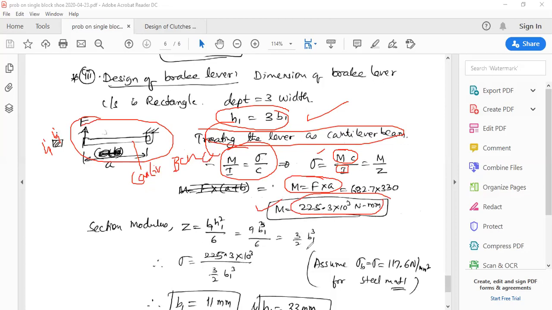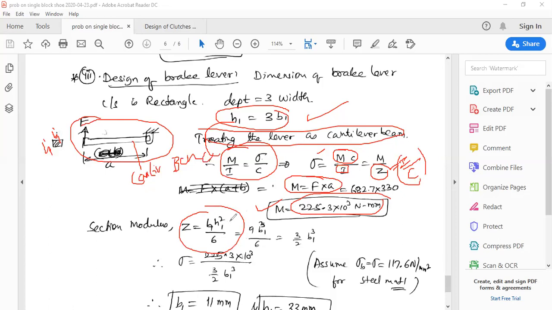This is M. Once you get the value of M, the next step is to calculate Z. Z is equal to I divided by C, which is called the section modulus. This section modulus is given by Z is equal to B1 H1 square divided by 6.